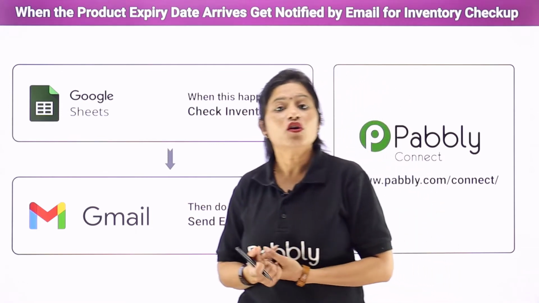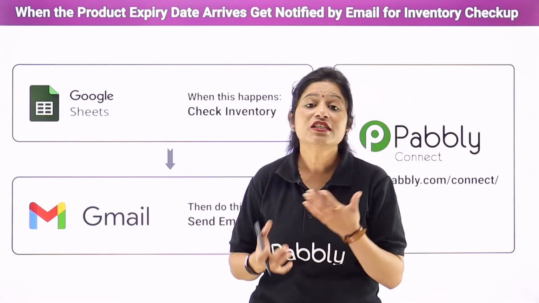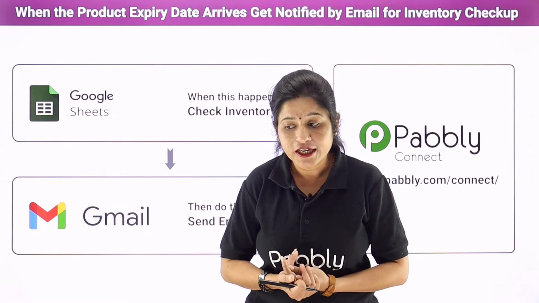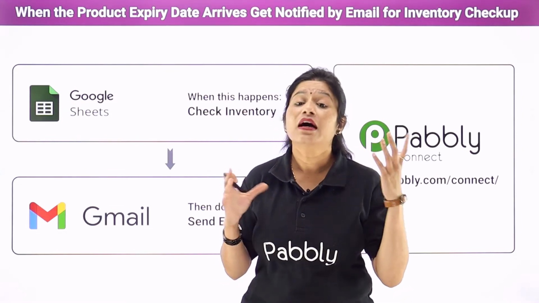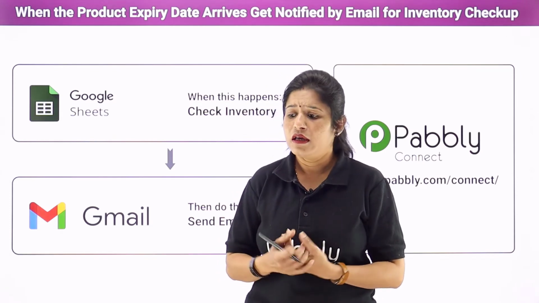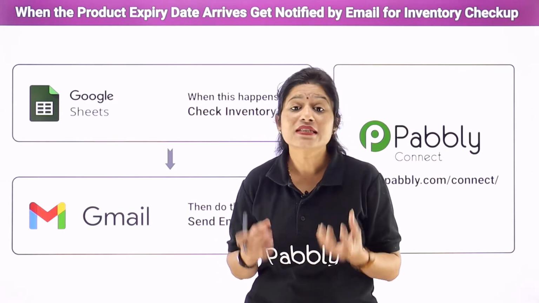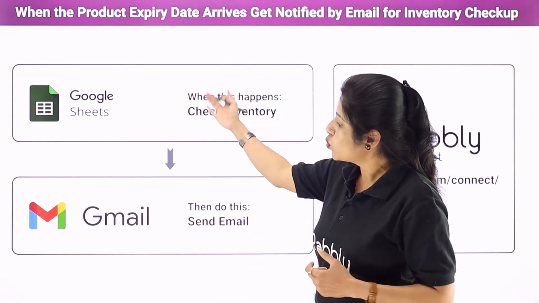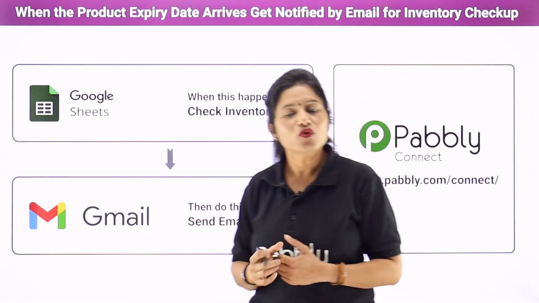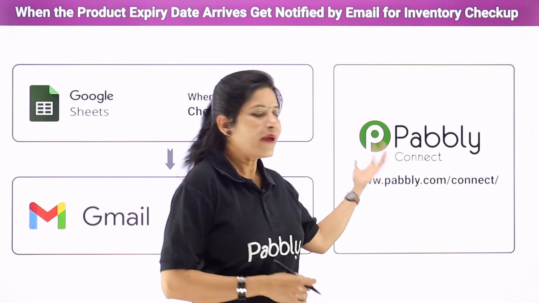So this particular automation is useful for you if you are dealing with the dairy or refrigerated products, or if you are dealing with the cosmetic products, or if you are having a medicine store or any other business whose products are getting expired. So in order to create an integration between Google Sheets and Gmail, we are going to use a software application named Pabbly Connect.